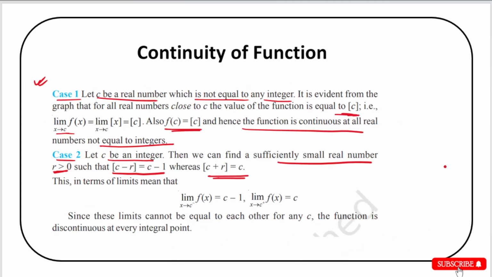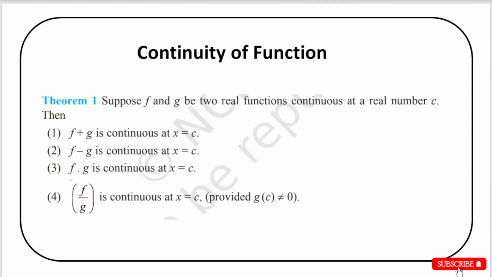You can see this from the example also. Since the limits are not equal to each other, the function is discontinuous at every integer point. This is a very important proof. Try to remember it, and it will come in handy from the exam point of view.